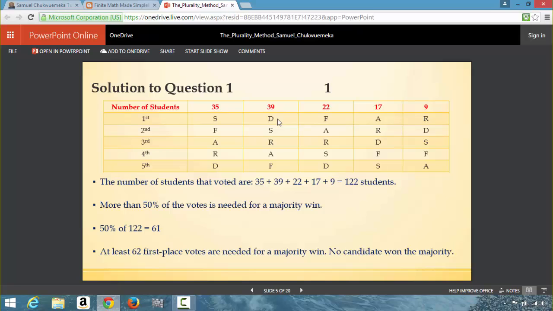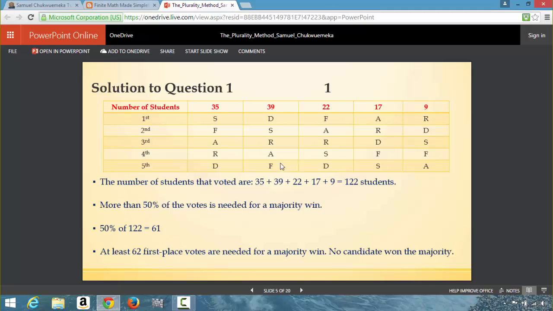It was even less than 50% of the students who wanted Desmond as the president, right? They ranked him first. But guess what? 35 plus 22 people, which is 57 people. I know 57 students are not up to 61, but 57 people did not like him.